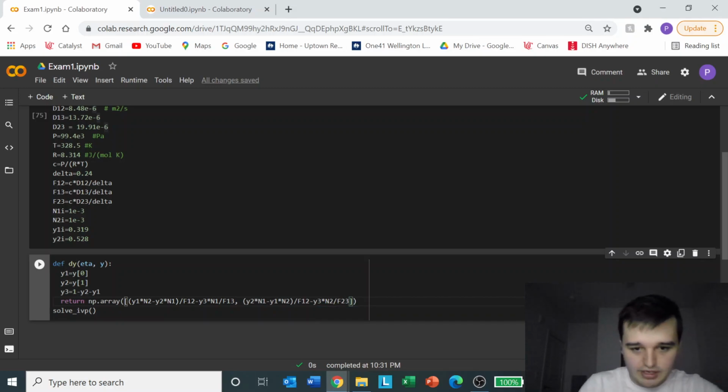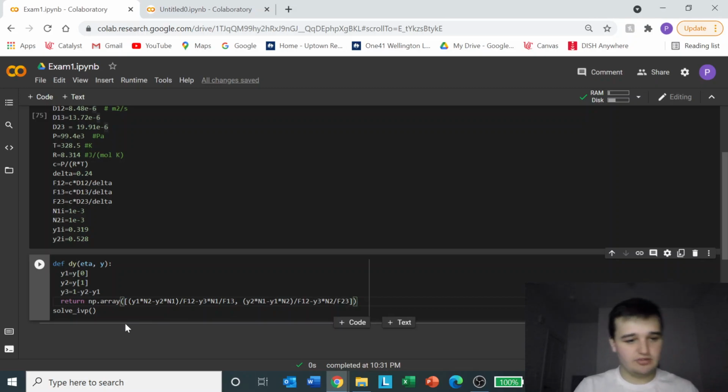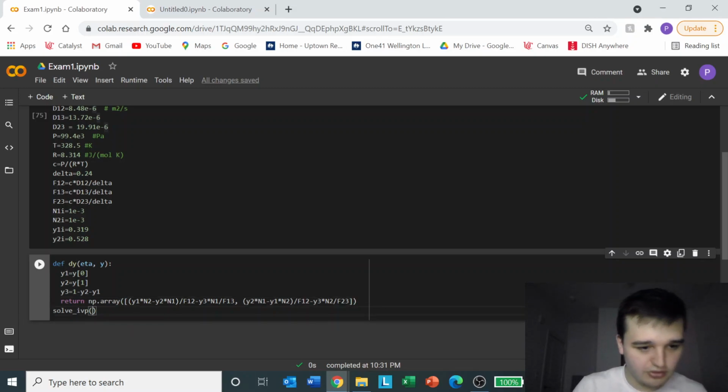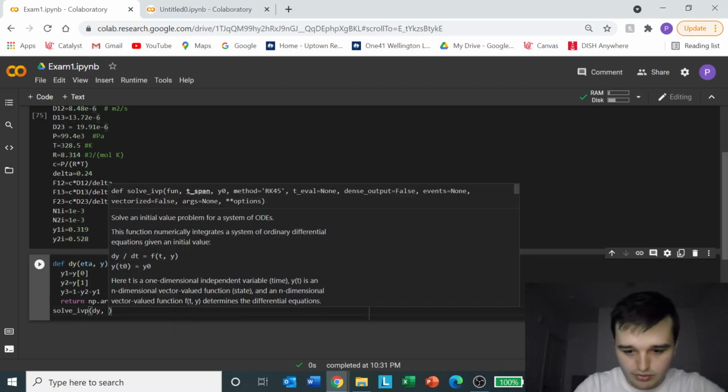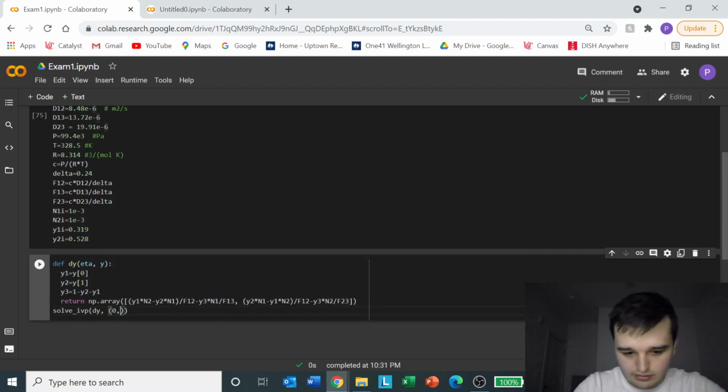Okay, so now that we have the array of the right-hand side equations, we are going to attempt to solve this initial value problem. So let's start by putting in the function, the callable function we named dy, followed by the time span, which is what you want to integrate over, and that is eta, which goes from 0 to 1.